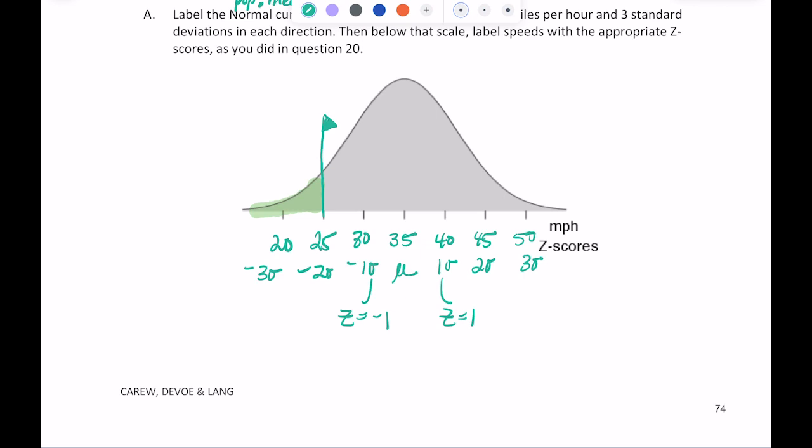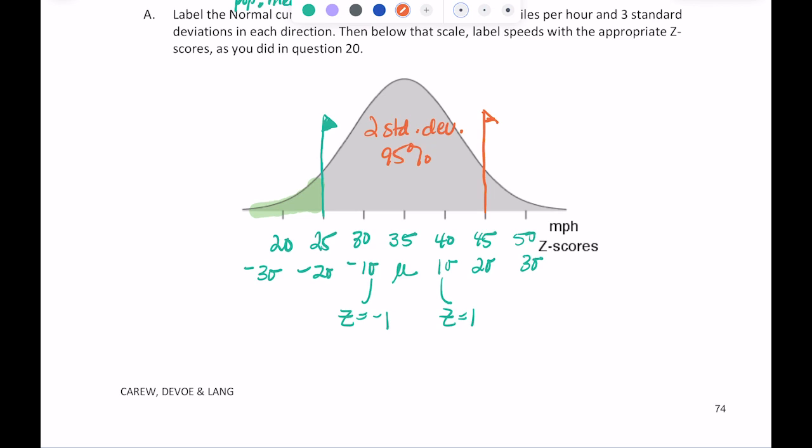So if you'll recall, anywhere from 25 to 45 is 2 standard deviations above and below the mean. And using the empirical rule, we know that the area in between the two flags is 95%.